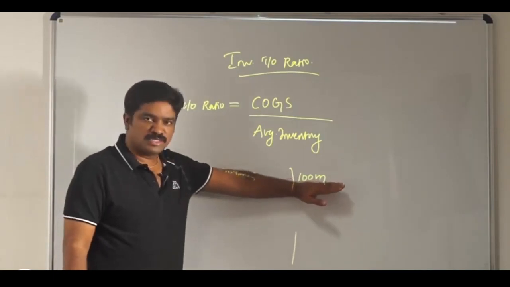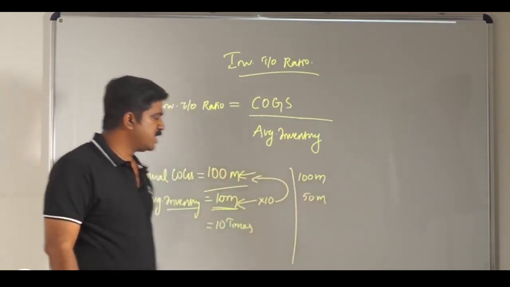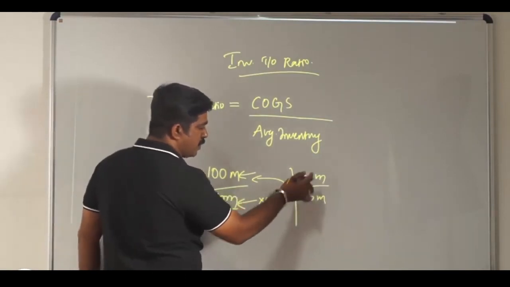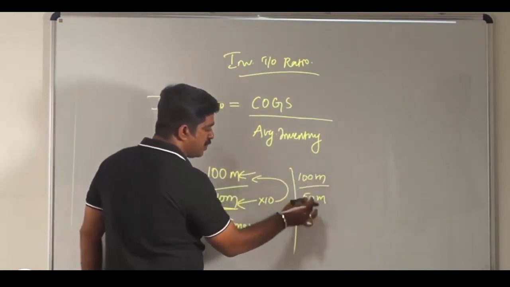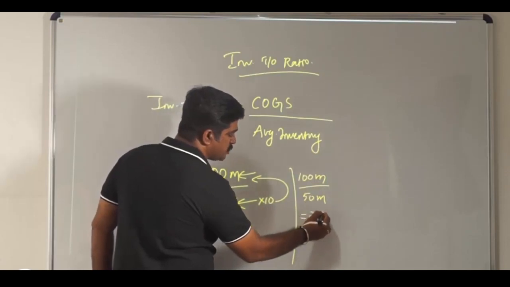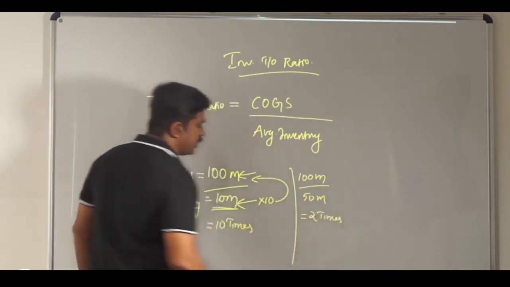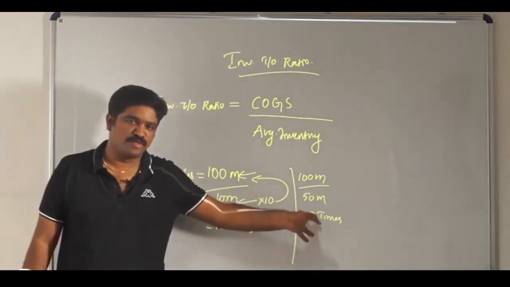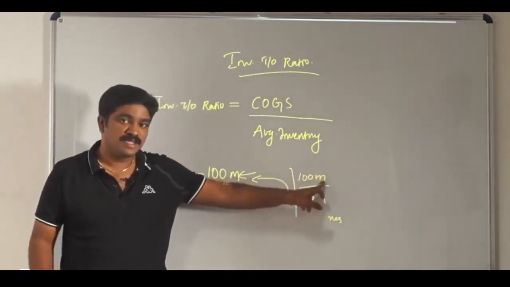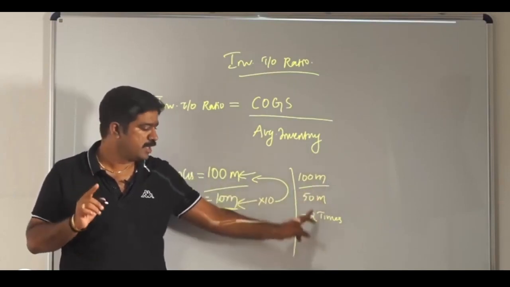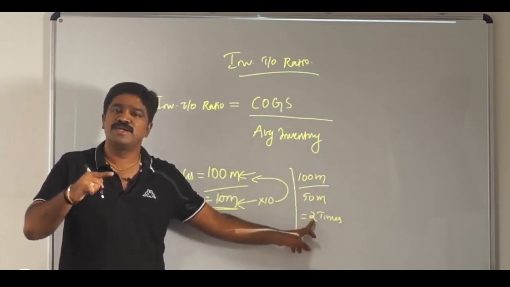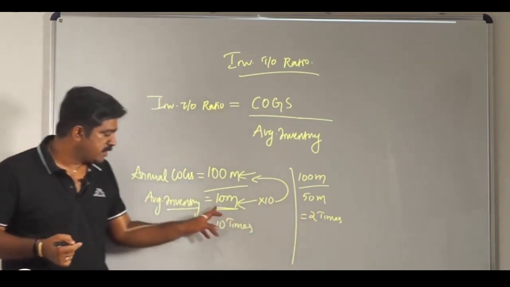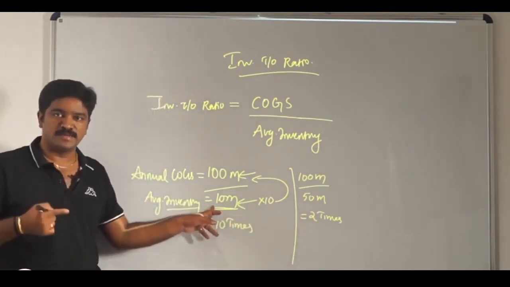If I create a relationship between these two by dividing 100 million by 50 million, I get 2 times. Now look here, on an average they are maintaining inventory of 50 million, and in one full year their total cost of goods sold is 100 million. It means they were able to rotate the inventory only 2 times in a year. Here they were able to rotate inventory 10 times in a year.